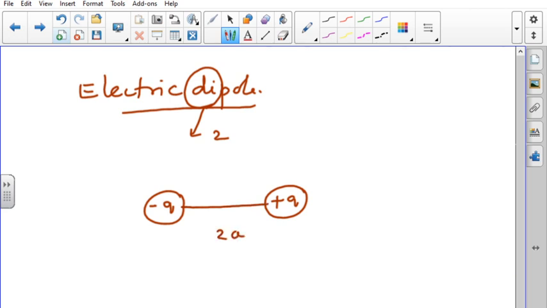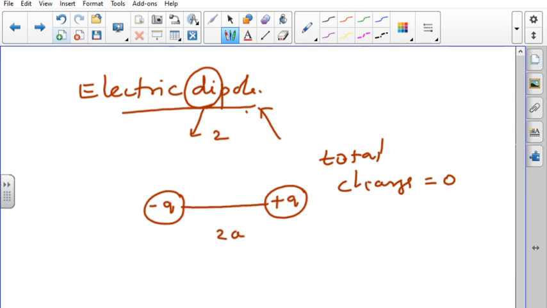Two charges of equal magnitude but opposite in sign, separated by a very small distance, constitute an electric dipole. As these charges are equal in magnitude, what is the total charge? If one is minus q and the other is plus q, the total charge must be equal to 0.